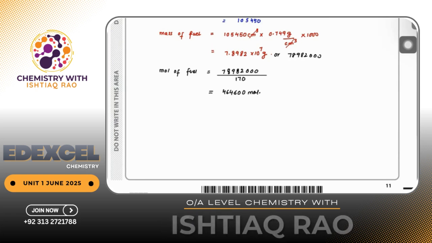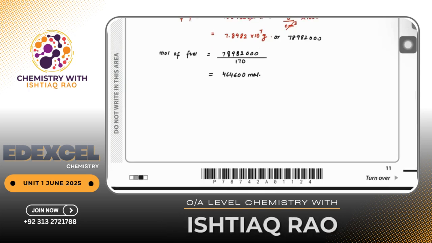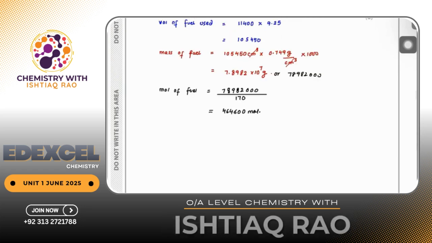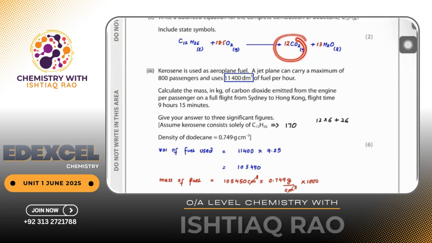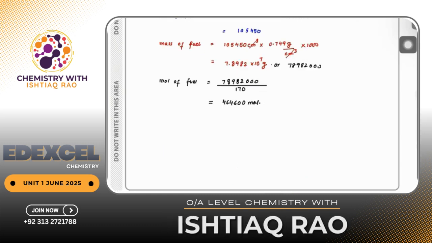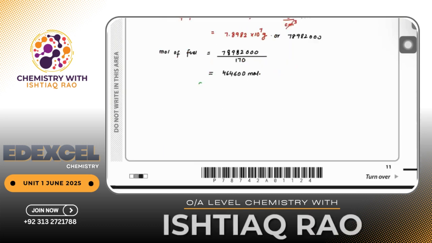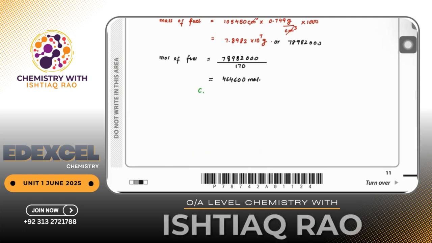Then I'm going to find out the mole of carbon dioxide, since the mole ratio between C12H26 and carbon dioxide is 1 to 12.